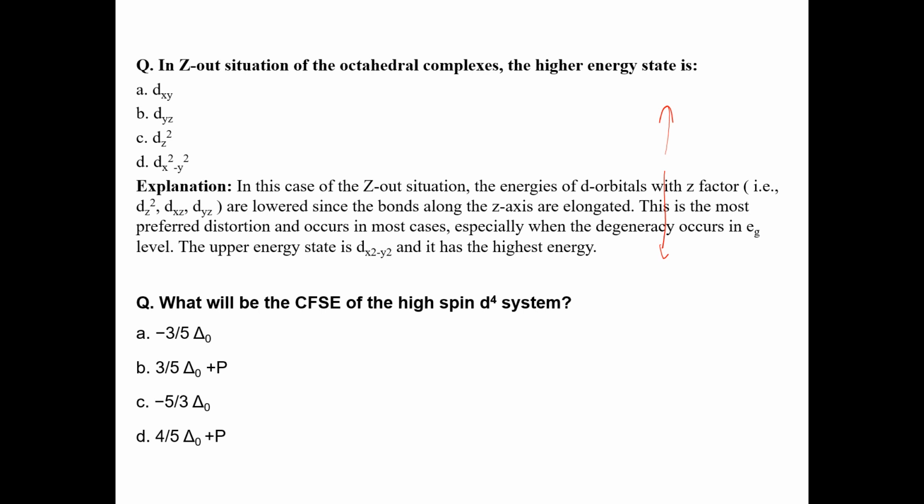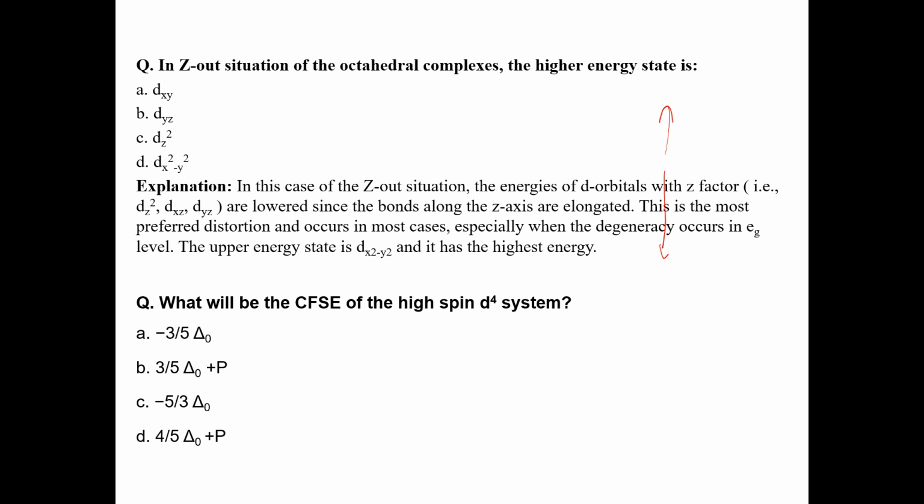Okay, and this is the most preferred distortion and occurs because of the Jahn-Teller distortion. For overcoming the repulsion between metal electrons and the ligand electrons, the bonds get elongated or compressed in some cases.